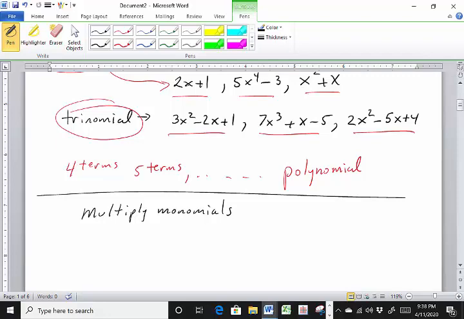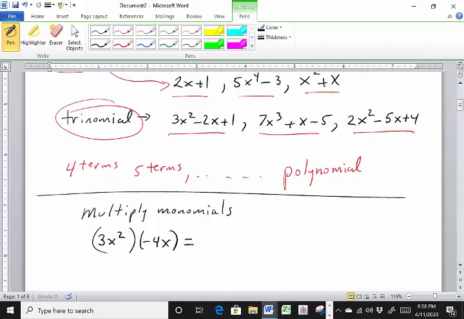This is where we're really going to use the laws of exponents that you previously learned in the last couple sections. So we're going to apply the laws of exponents. Let's take this monomial, 3x squared times minus 4x.